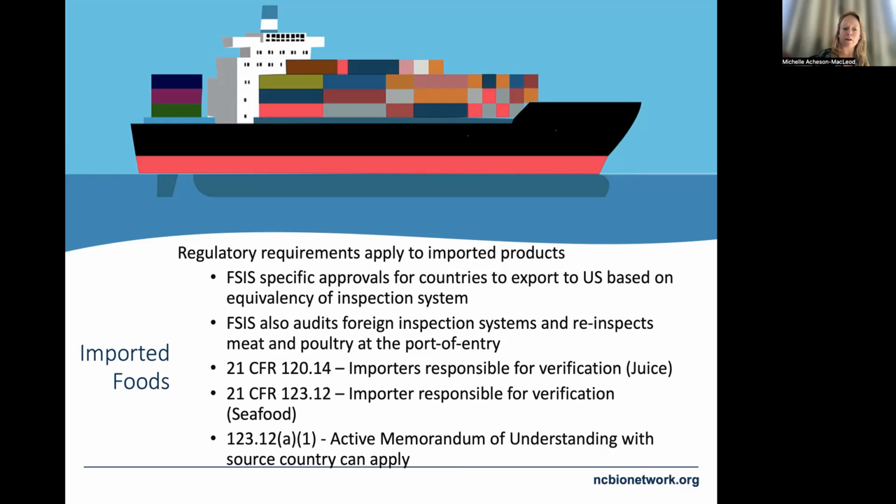When you're importing products, FSIS specifies that they have approvals for countries to export to the US based on the equivalency for inspection system. So is their system on par with ours? They also audit foreign systems and reinspect meat and poultry when it comes in to the port.